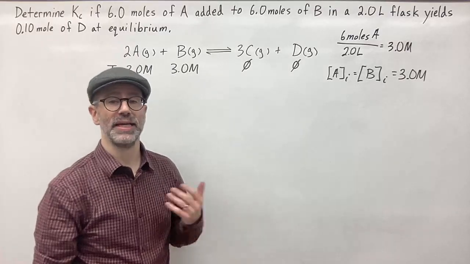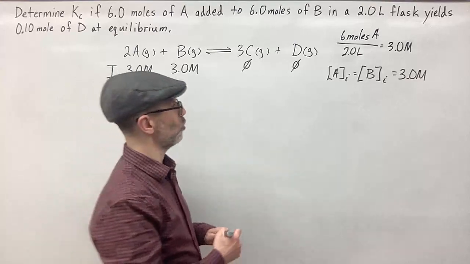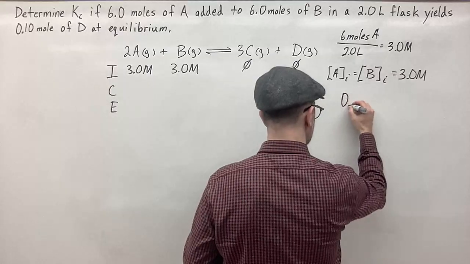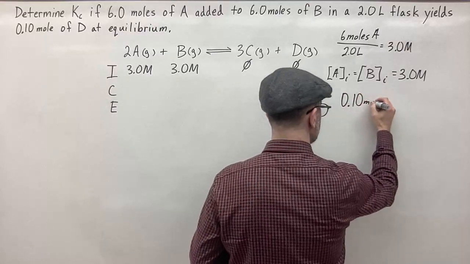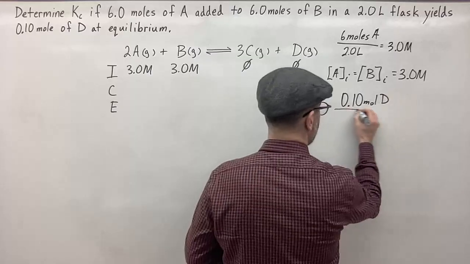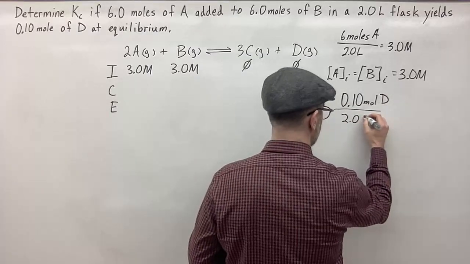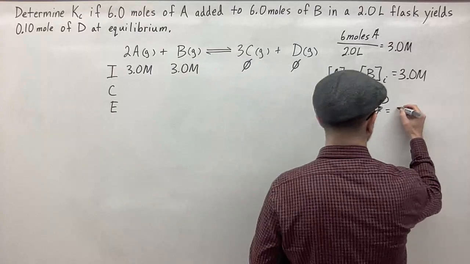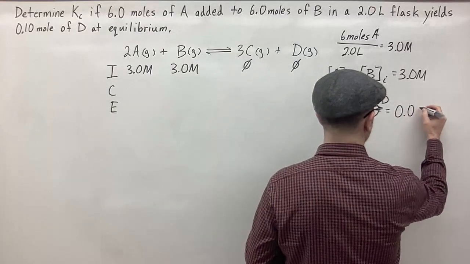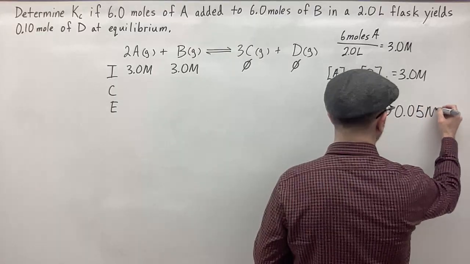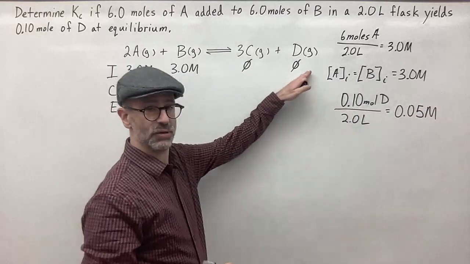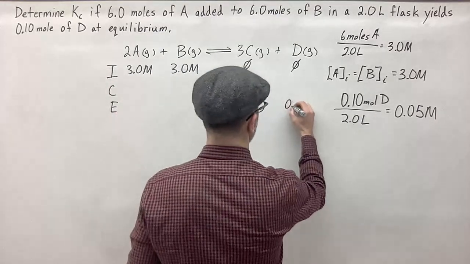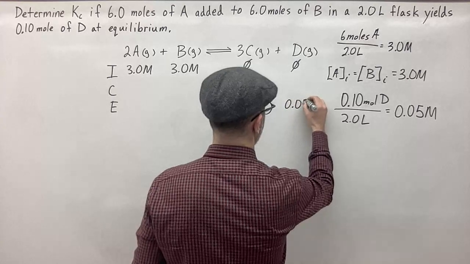Now again, we have to put that in terms of concentration. So we should take the 0.1 moles of D, and again divide that by 2.0 liters, and that's going to give us a concentration of 0.05 molar for D. So we're going from 0 concentration to a concentration of 0.05.